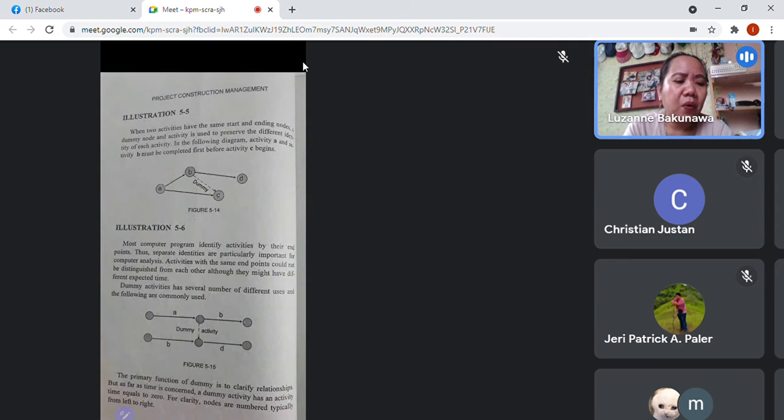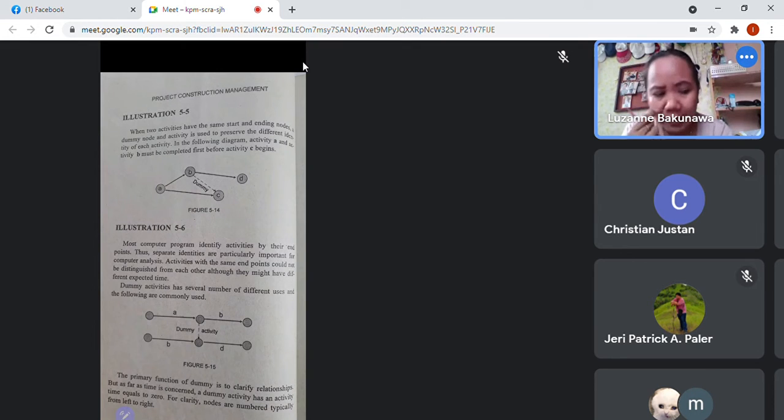Okay. So, when two activities have the same start and ending nodes, a dummy node and activity is used to preserve the different identity of each activity. So, in the following diagram, usually sa mga given, i-indicate man nga naay dependent, no?